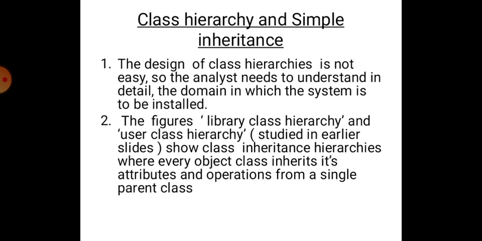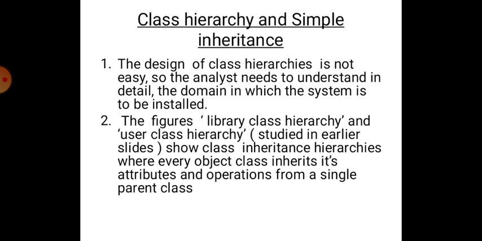Point number 2, the figures, that is library class hierarchy and user class hierarchy, that we have studied in earlier slides, show class inheritance hierarchies, where every object class inherits its attributes and operations from a single parent class.